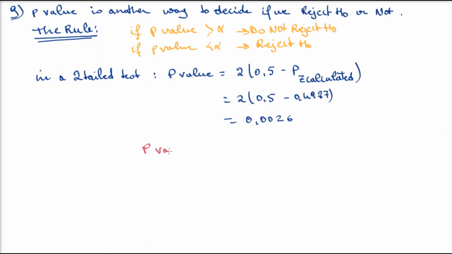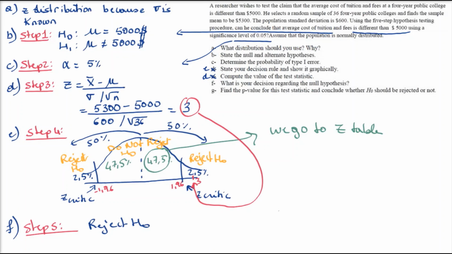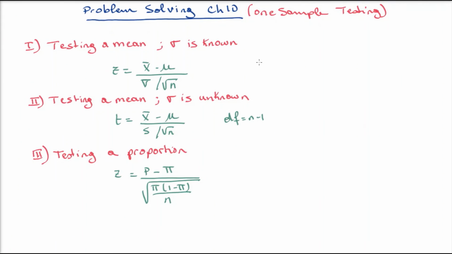When substituting it in the formula, we get a p-value of 0.0026, which is less than alpha, which is equal to 0.05, and thus leading us to reject H0. This result is the same as in the 5 steps procedure. By that, we would have covered the first point in our chapter.